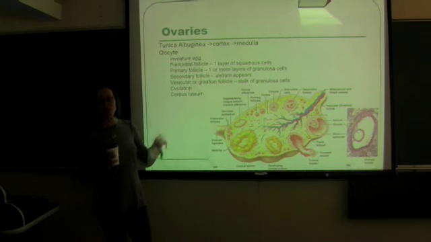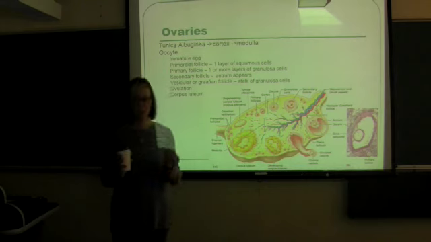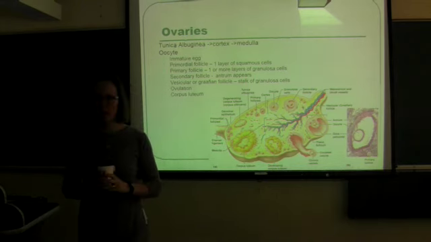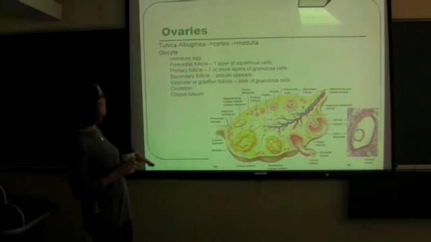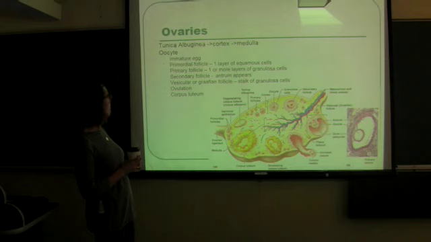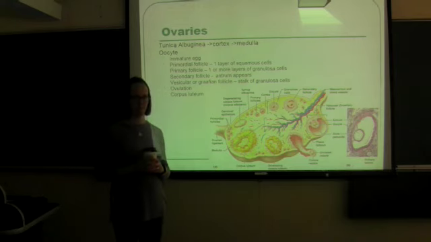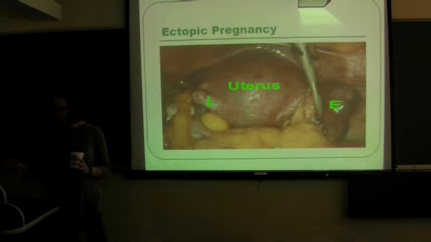It'll eventually turn into scar tissue either way, but I mean immediately. We good? So ovulation, we know what that is, right? When the oocyte comes out. Questions? No. All right.